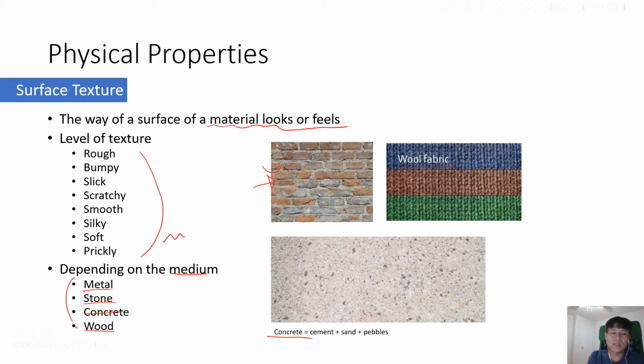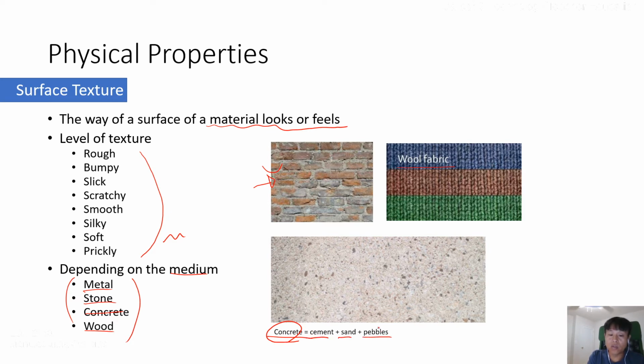I cannot say a certain material has a certain texture, because each material could have different textures depending on its different types of mix of elements. For example, concrete is a mix of cement, sand, and pebbles.